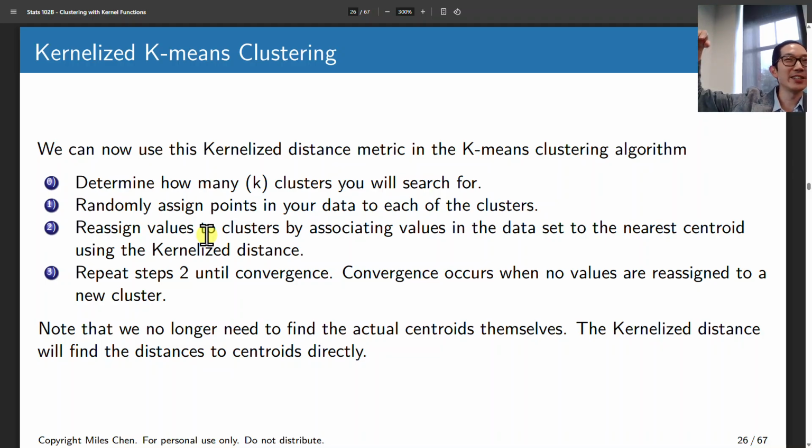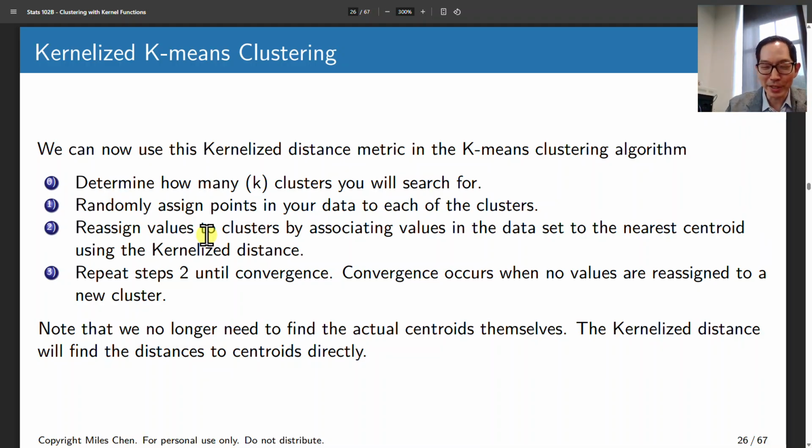Then recalculate your centroid, then calculate your distances and reassign based on the distances. Now it's going to be calculate the distances to the centroids, reassign points, then recalculate distances to the centroids and reassign points without actually calculating the centroid. And again, it feels totally kind of crazy, but it works.